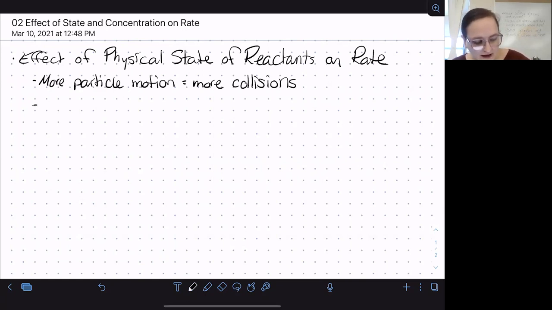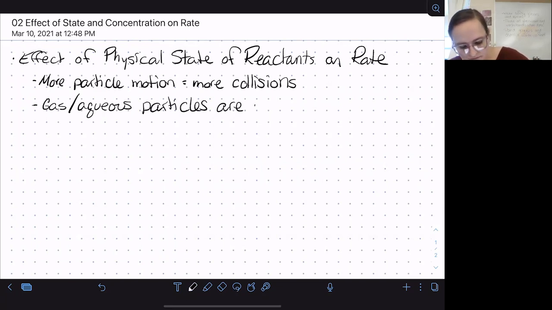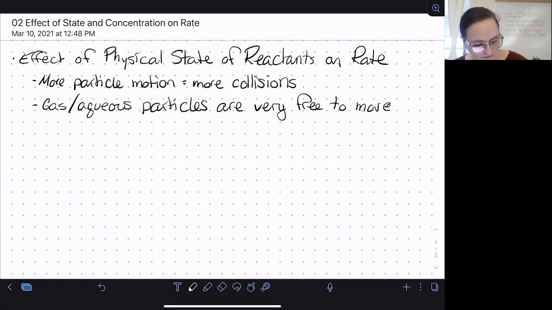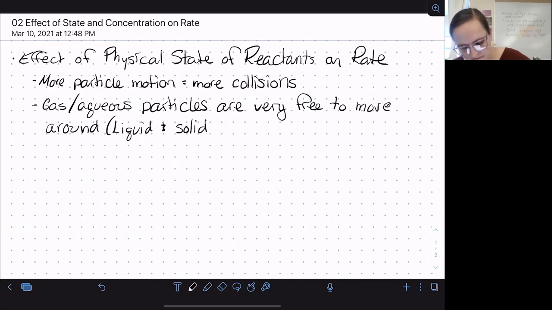So in the gas and aqueous phases, those particles are really, really free to move around. Whereas in the liquid and solid states, not so much, especially solid.